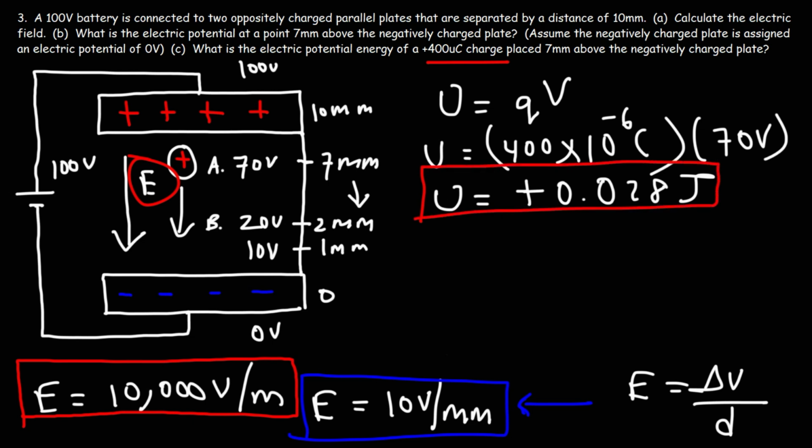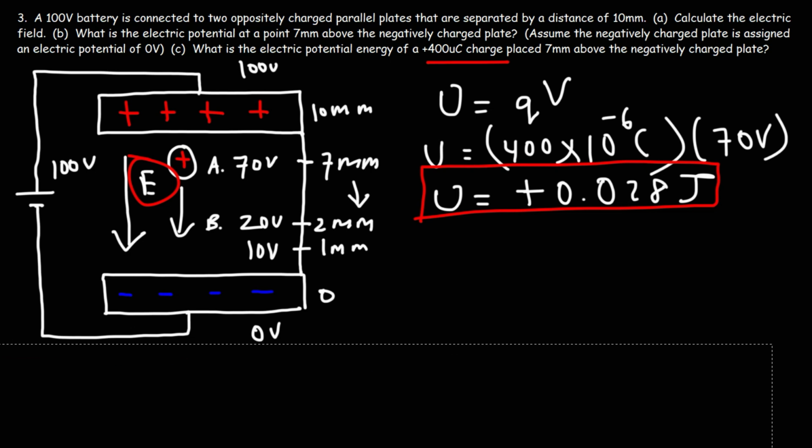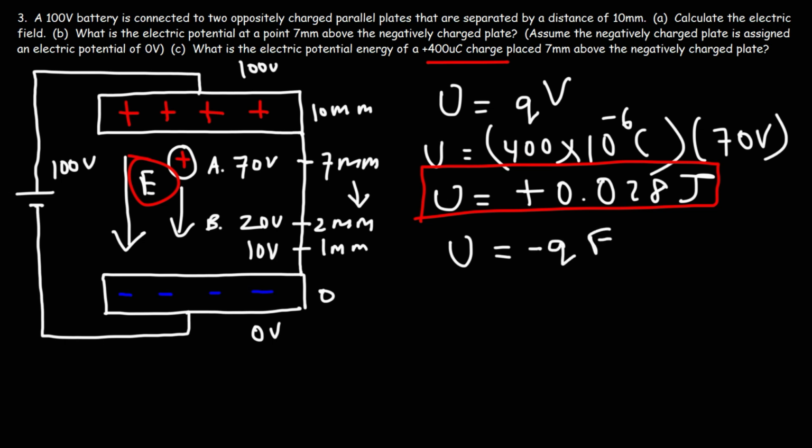Now let's confirm our answer with the other formula that we've used for this situation. So if you recall, the electric potential energy is also equal to negative times the charge times the electric field times the height above the negative plate for a positive charge that falls towards the negative plate. And let's put it over here.